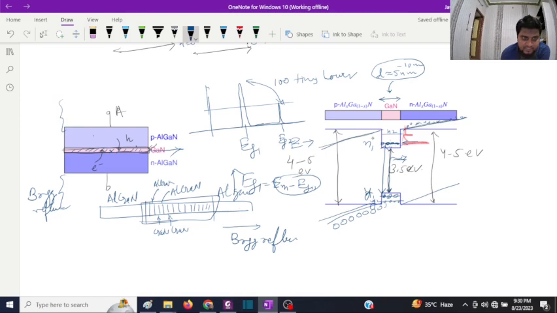On the top side we can have Bragg reflectors with a reflection of more than 99%, and here the reflection can be more than 99.99%. So all this light will go in one direction, something like this.